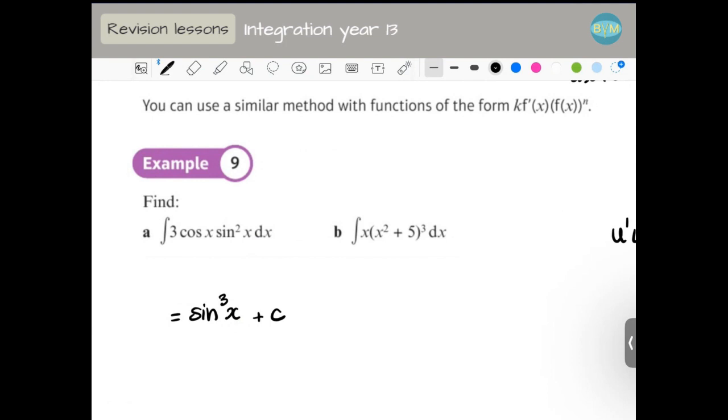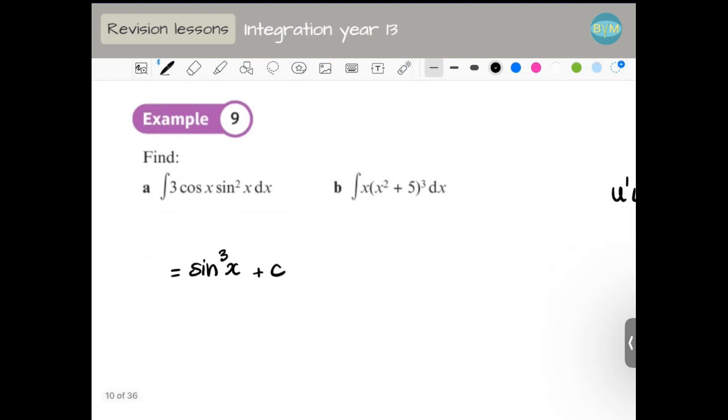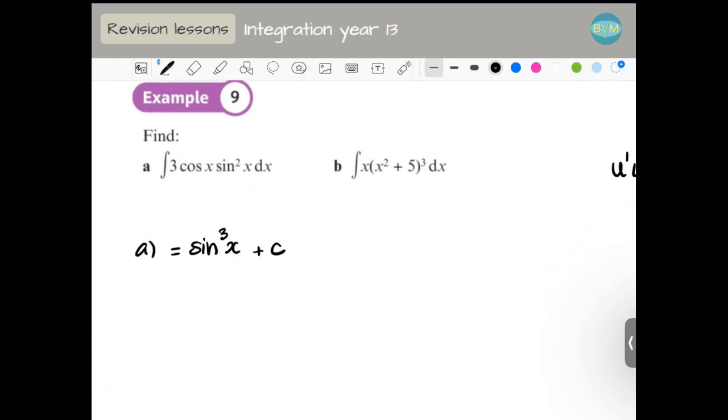Yeah. What about b? So try to do b, please. I have the integral of x. Maybe you would try to expand the brackets, but it's going to be a lot of work. So if you don't realize and you expand the brackets, then you have a polynomial to integrate, and that's fine. But it's going to be long, yeah? Okay. What do I have here?